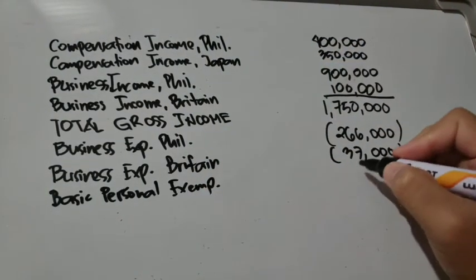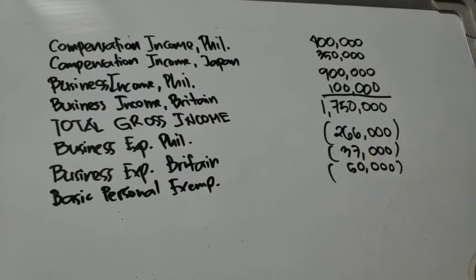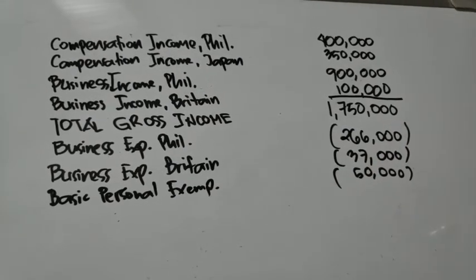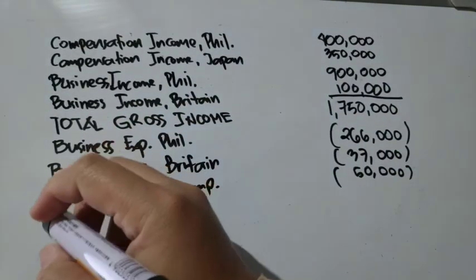So directly may 50,000 ka na less. Okay, may 50,000 ka na less. Now, it was stated in the problem that the taxpayer has 3 dependent. So it means na kada dependent na meron ang taxpayer, meron siyang 25,000 of each of the dependent. So 3 man ang kanyang dependent, so meron siyang 75,000.